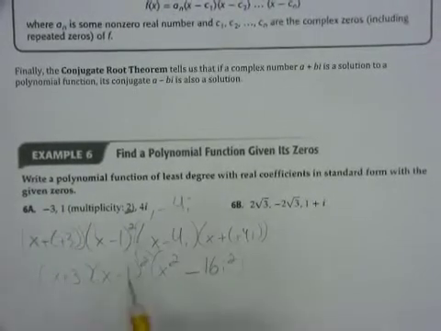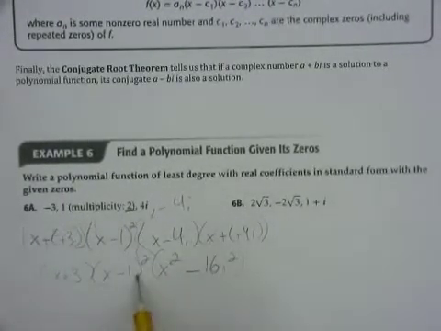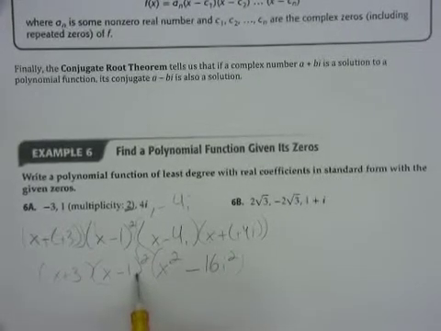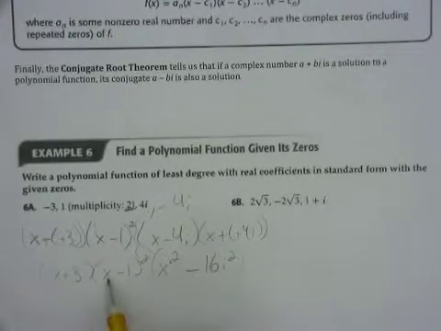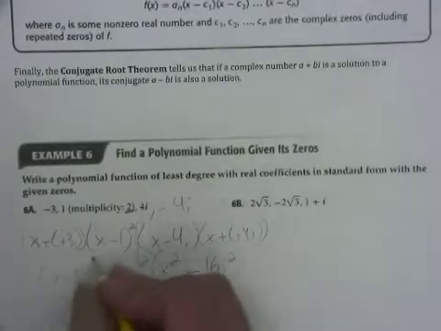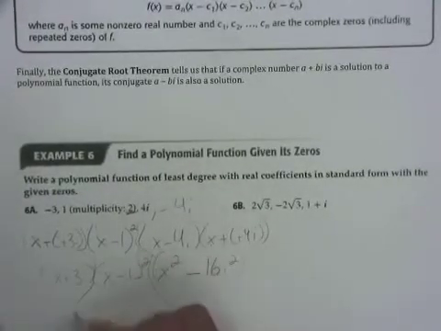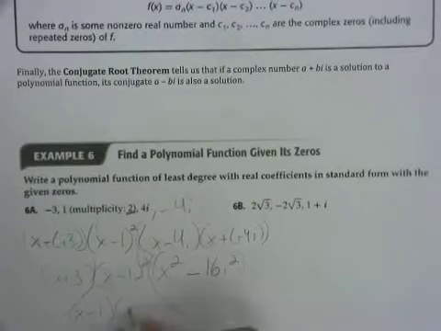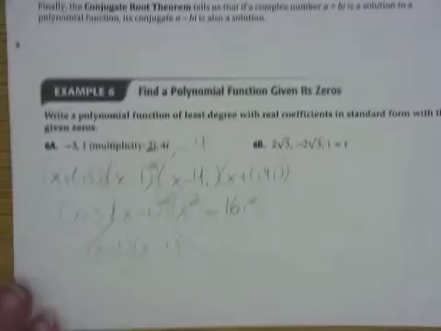What's next? You might want to multiply this out, keeping in mind, please, for the love of all that's holy, you don't just square this and call it a day. You must FOIL it out. You must realize that this is x minus 1 times x minus 1.